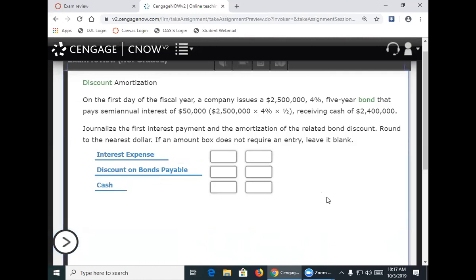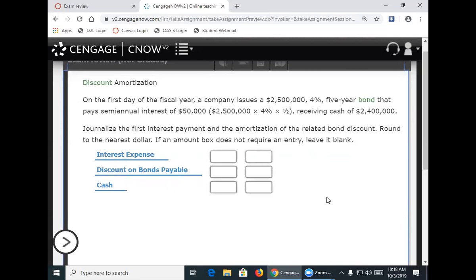Okay. So when we're doing a discount amortization, the cash that we're paying them is always the interest payment. Interest is always calculated principal times the semi-annual interest rate. They already told us that, $50,000. So our cash is going to be a credit of $50,000.